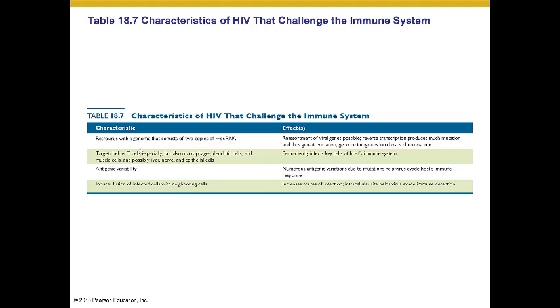But somebody with full-blown AIDS, no, because they have no immune system to fight it, and no amount of antibiotics is going to help. So it's a kind of a clever virus. You know, if you're a virus and you want to survive in the world, and you infect humans, then it makes sense to infect a key player in the immune system, because you're debilitating that person's ability to fight it off.